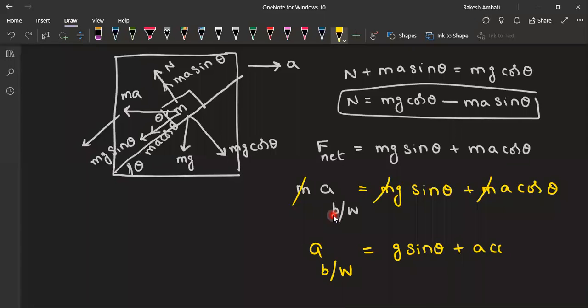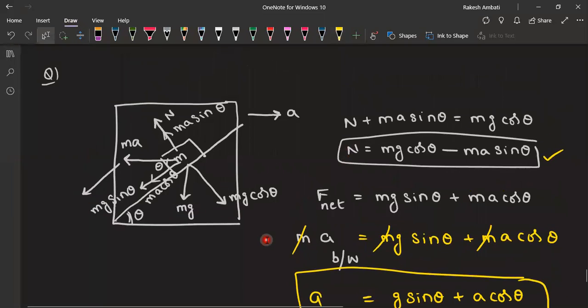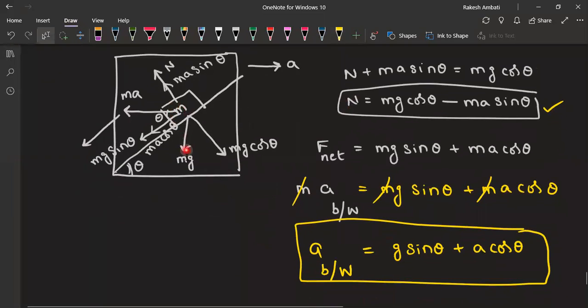So this is the value of normal force acting on the block and the acceleration of the block with respect to the wedge. In all the cases, we have to find the same values: the normal force and the acceleration of the block with respect to the wedge. In all cases, the same process we have to follow. mg we have to resolve into components, and MA also we have to resolve into components.